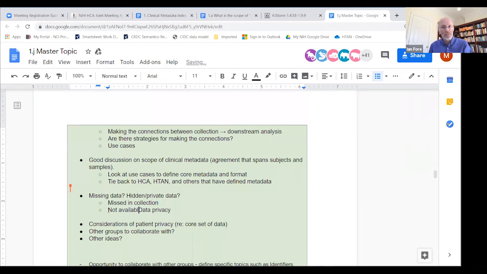In other words, there's something missing. And the reason something has become missing, as far as I can see in certain situations, is we've got databases that have said, these are the minimum fields you should provide. And it's not taking into account the uniqueness of the experimental design that was being conducted.